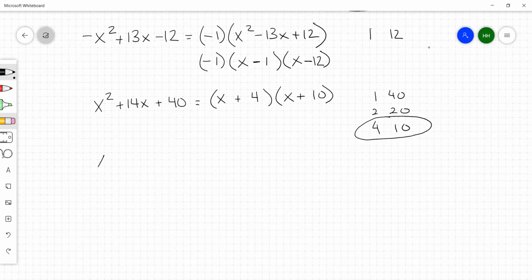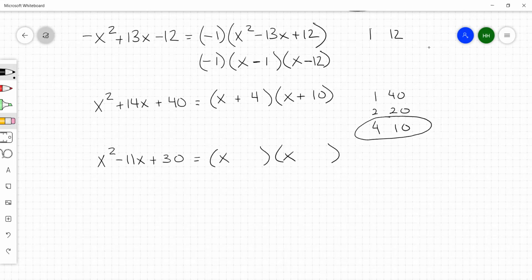Let's try one more. We got x squared minus 11x plus 30. There's your double parentheses. Your a value is positive 1, so we go x here and x here.